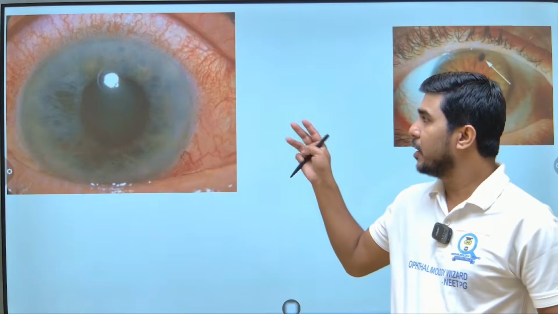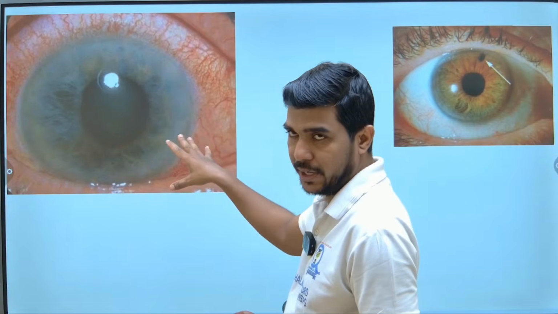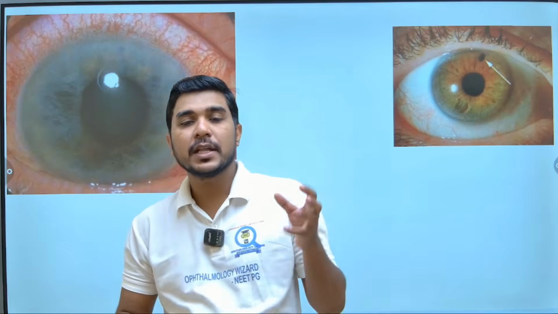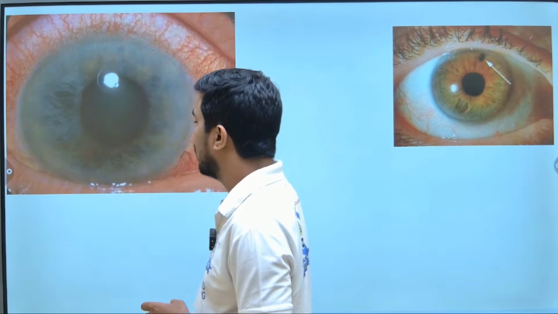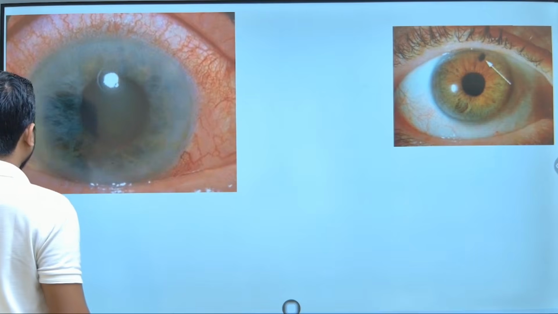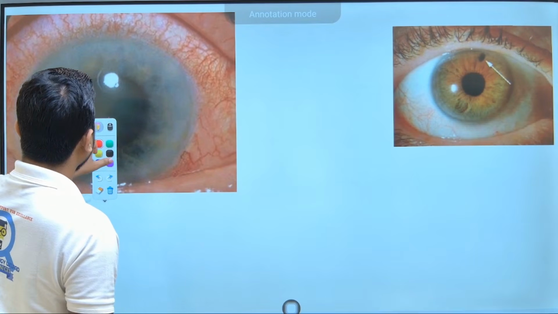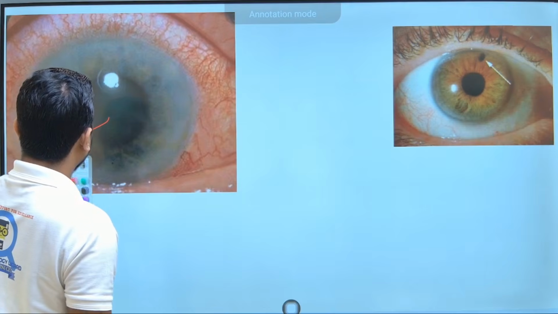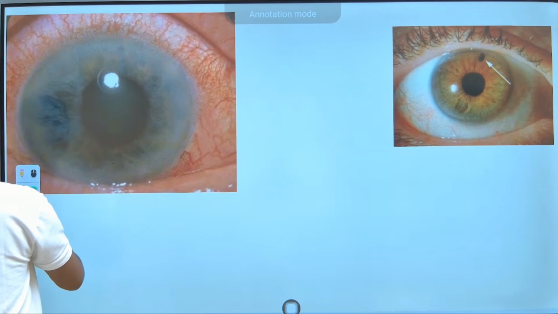So basically our next image, let me tell you the scenario of this image. What we are discussing here is an important image, where you can see there is a congested conjunctiva. Now let me give a scenario.